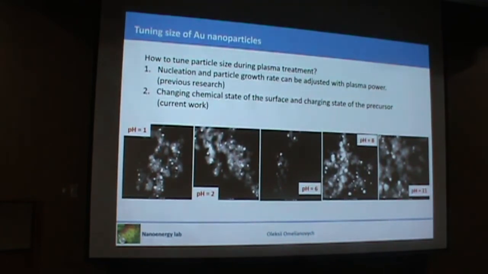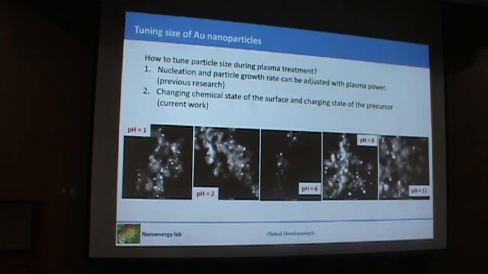All right, so the next step of my experiment was the issue of how to tune the size of nanoparticles, because for a proper application of the material, it is very important to obtain the desired morphology, not just the morphology that we have. During the plasma synthesis, there are several things that could be adjusted.